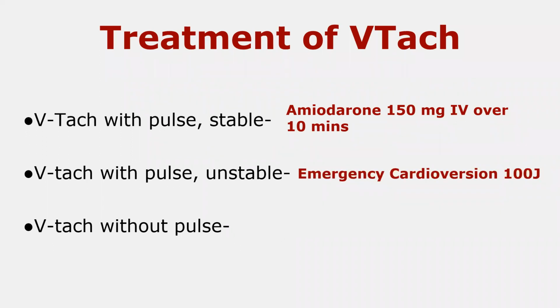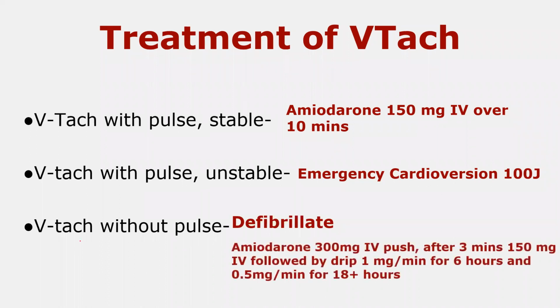We usually start this cardioversion with the application of 100 joules and then incrementally go up. And lastly, if the patient does not have a pulse, then we would have to defibrillate. In addition to the defibrillation is the administration of amiodarone during this particular resuscitation.